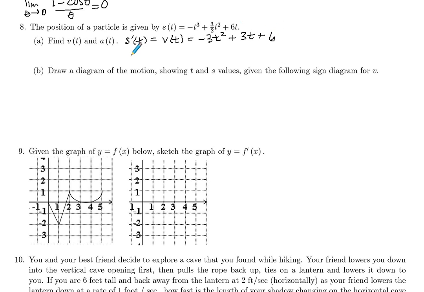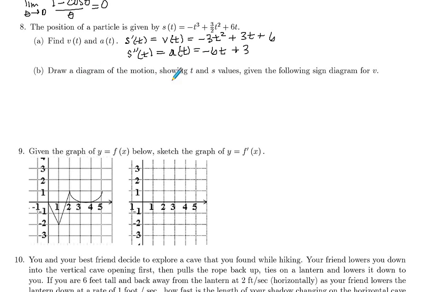So there's velocity. And then s double prime, the second derivative of position, is our acceleration function, a of t. So 2 times negative 3, negative 6, t, plus derivative 3t is 3. So there's our acceleration function.